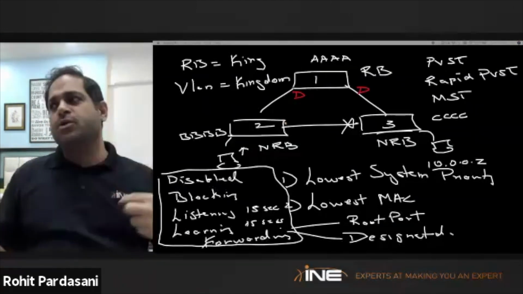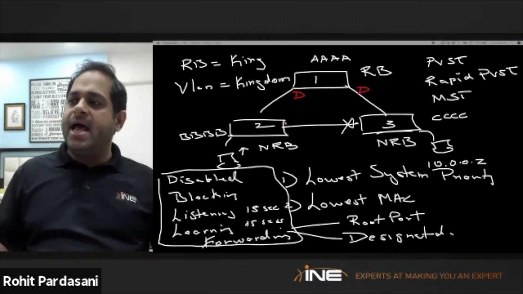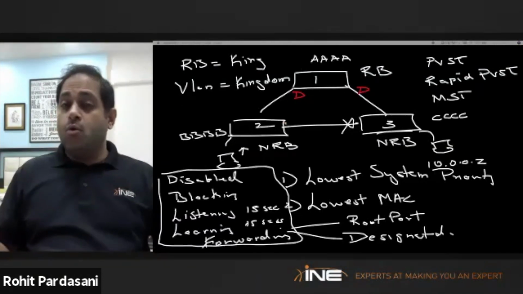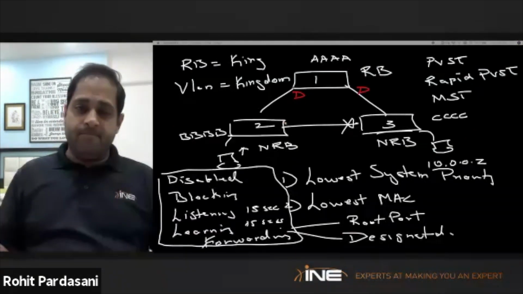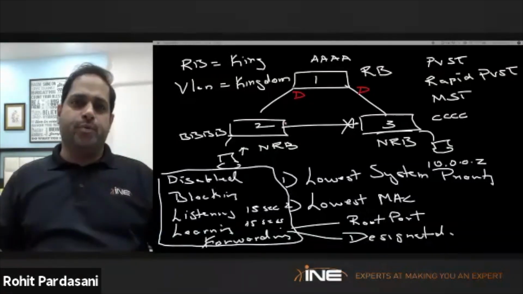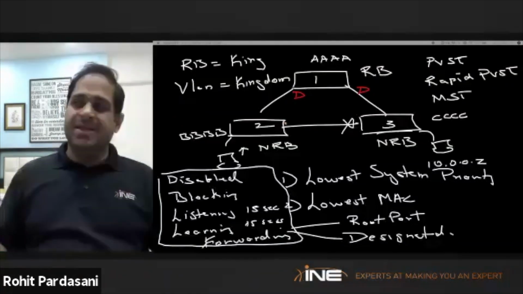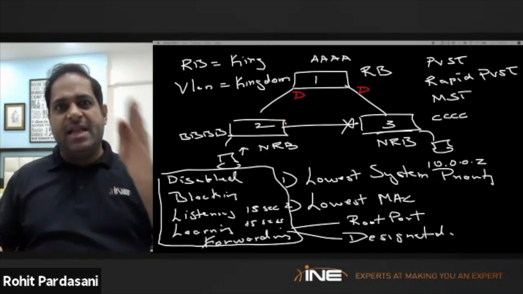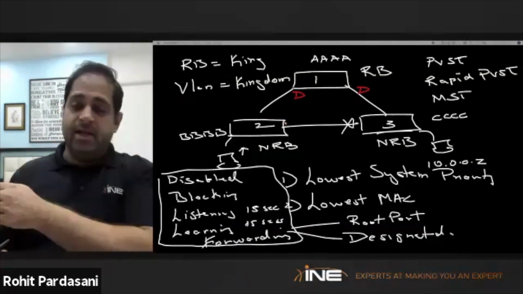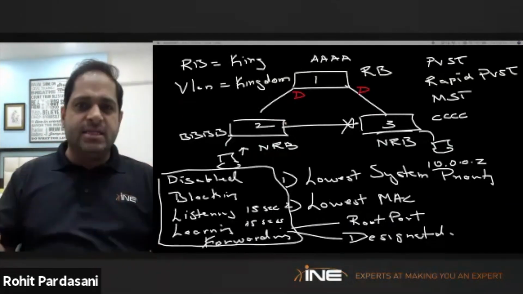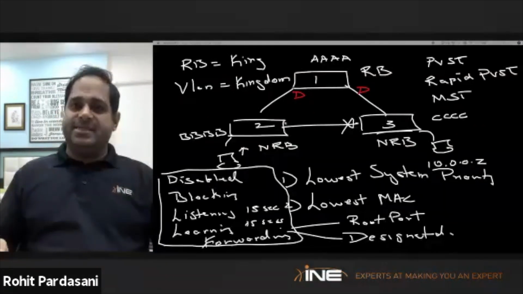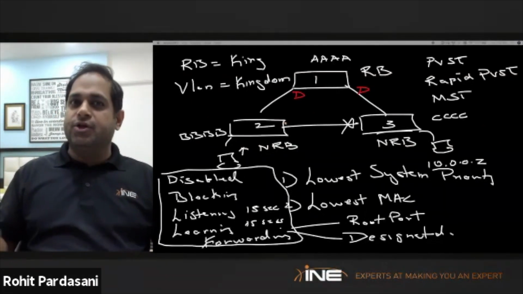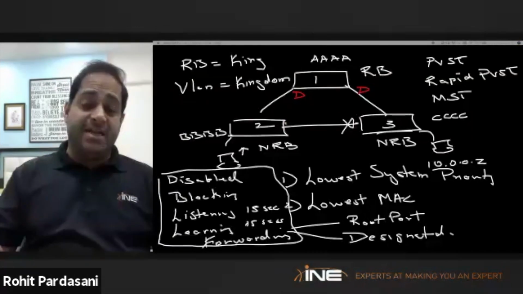The second rule states that you elect one root port per non-root bridge per VLAN. Now, PVST is per VLAN spanning tree, right? The minute I create the instance, spanning tree gets activated. Spanning tree is directly dependent on your VLAN creation.